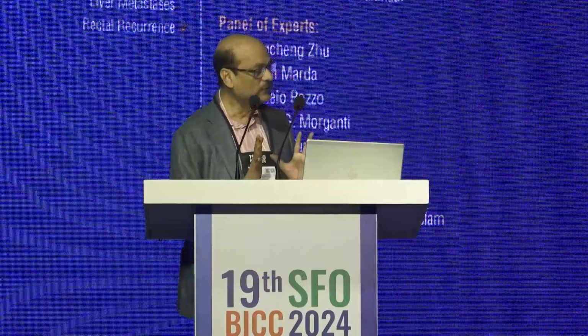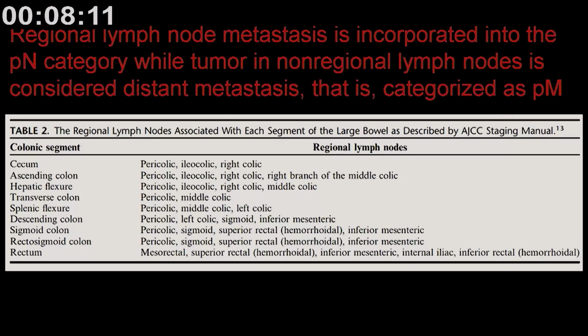So survival can be improved in the latter group by adjuvant chemotherapy. Now, regional lymph node metastasis is incorporated into the N category, while tumor in a non-regional lymph node is considered distant metastasis, that is the M category.